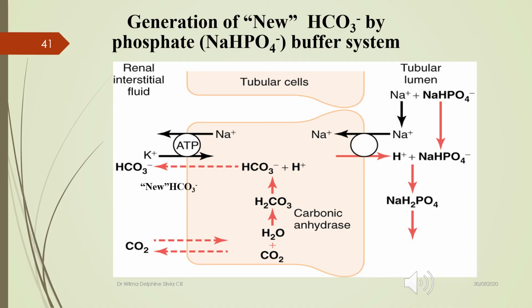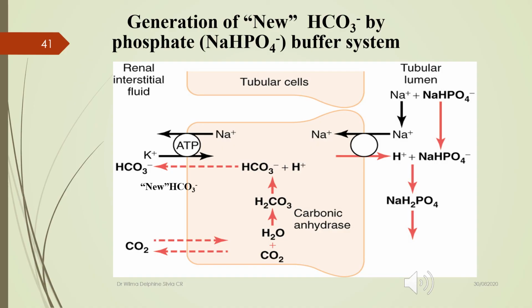The excreted dihydrogen phosphate represents the major component of the so-called urinary titratable acids, defined as those weak acids in urine that can be titrated when a strong base such as sodium hydroxide is used to bring the pH of the acidic urine back up to the pH of the glomerular filtrate, that is normally pH 7.4.